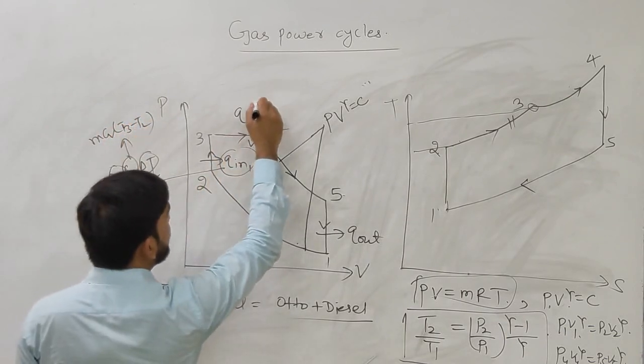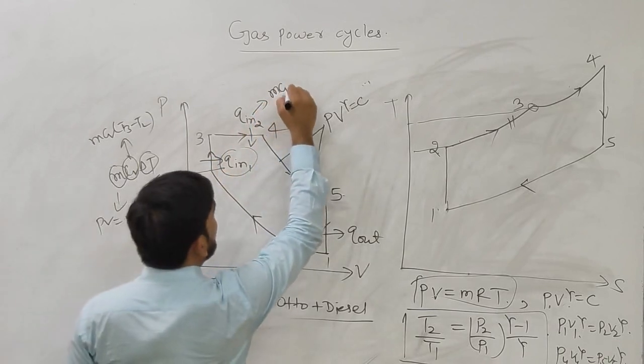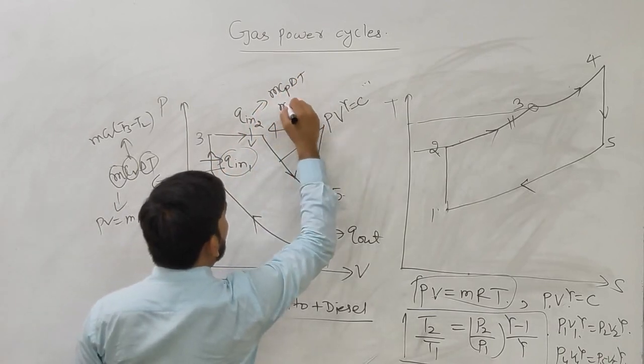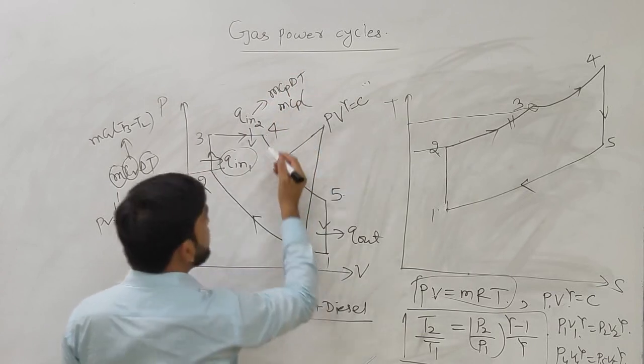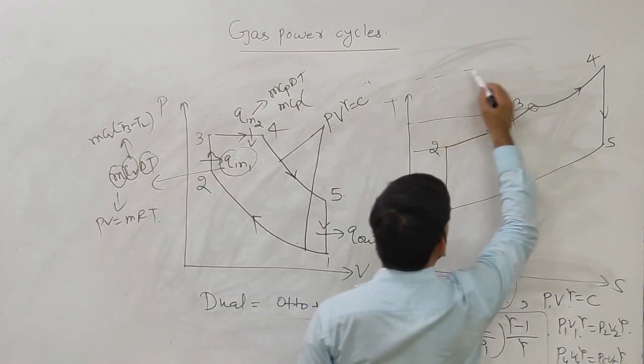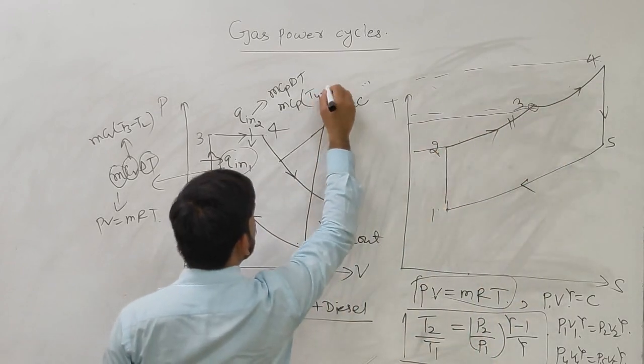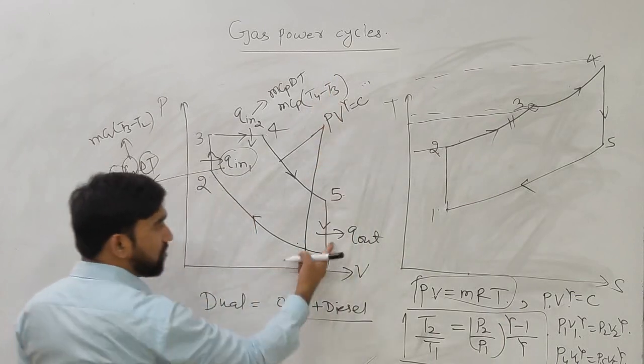What will be the Q in at the constant pressure process? That is mCp delta T, where delta T is between 4 and 3. 4 is at the higher point and 3 is at the lower point, so it will be T4 minus T3. What is Q out?